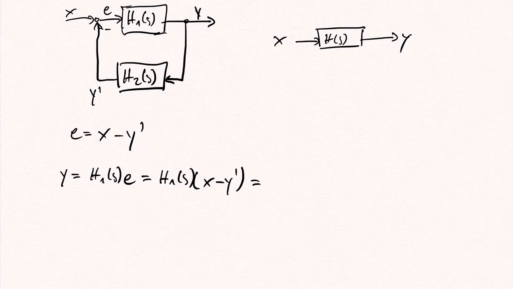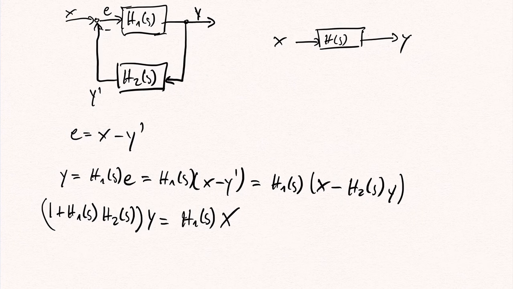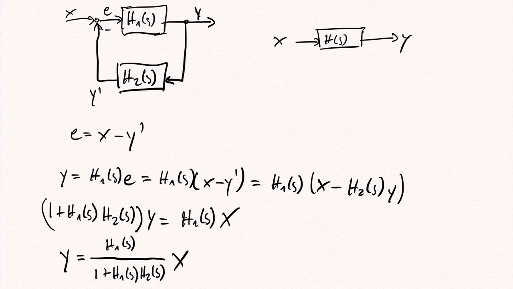Substituting y dash yields that this is equal to h1 of s times x minus h2 of s times y. This gives that 1 plus h1 of s times h2 of s times y is equal to h1 of s times x, such that y is equal to h1 of s divided by 1 plus h1 of s times h2 of s times x.